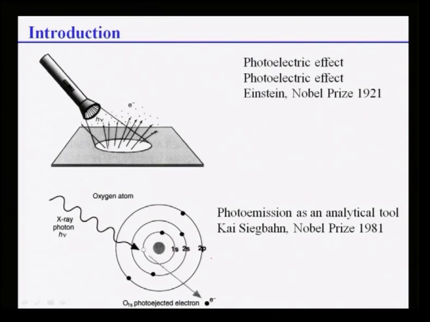As you know, the photoelectric effect was discovered long back, almost 90 years back, by Sir Albert Einstein, and he received a Nobel Prize because of this discovery. In the photoelectric effect, normally if a photon of certain energy, suppose h nu, falls on a photoelectrically sensitive material, photoelectricity is generated because of the production of electrons.